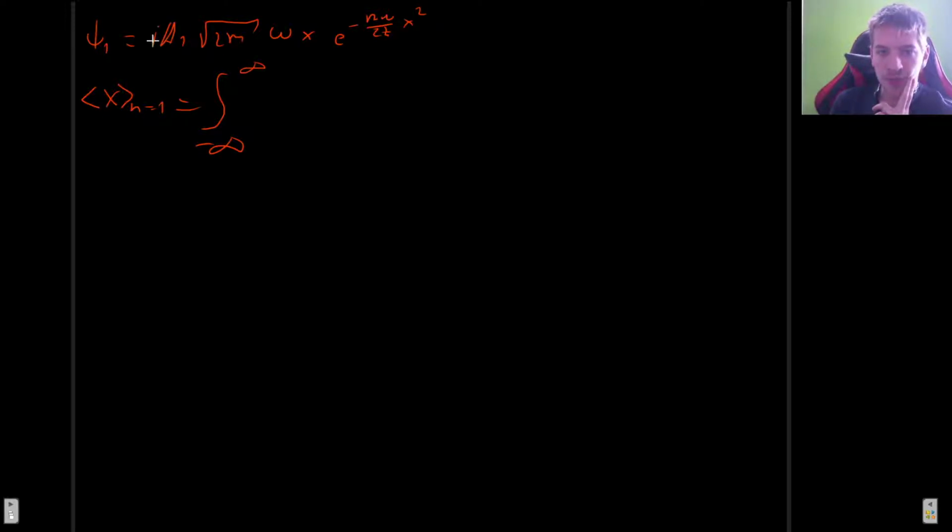So now when we conjugate this, as we said, its modulus is just going to be 1, so it's going to cancel out. We get a1 squared square root of 2m omega squared times x squared e to the minus m omega divided by h bar x squared times x, right?